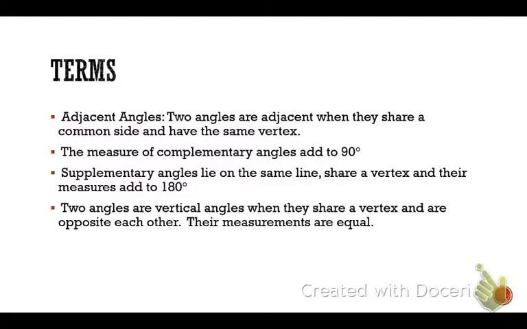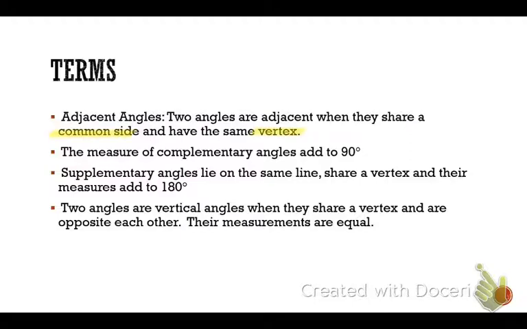There are 4 different kinds of angles that you're going to learn today. All right, so I'm just going to kind of throw them out there. And then in the next example, we're going to look specifically at which angles would match this criteria here. Okay, so adjacent angles occur when two angles share a common side and they have the same vertex.